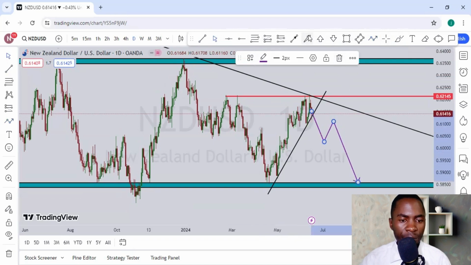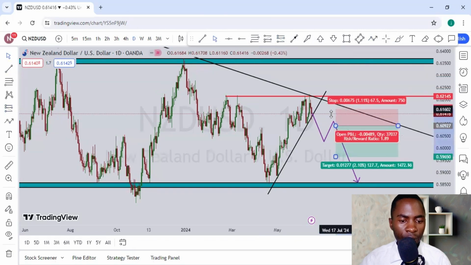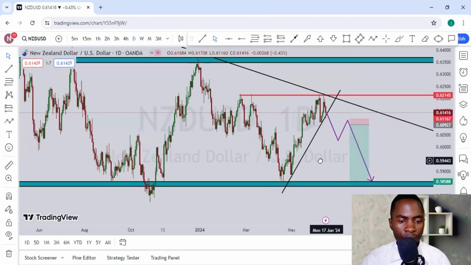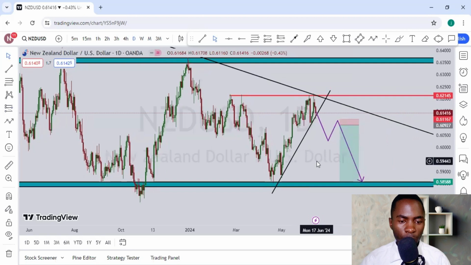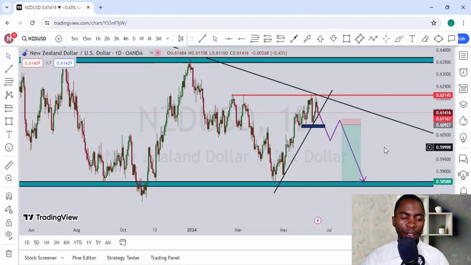Then I can take my trade around here, this level, to the downside. Now, this is the first confluence that I'm expecting to see on NZD USD.